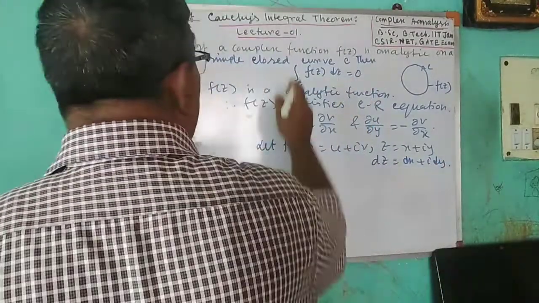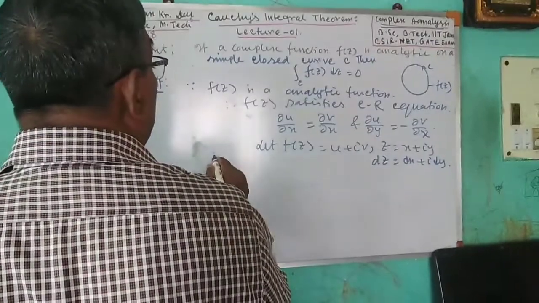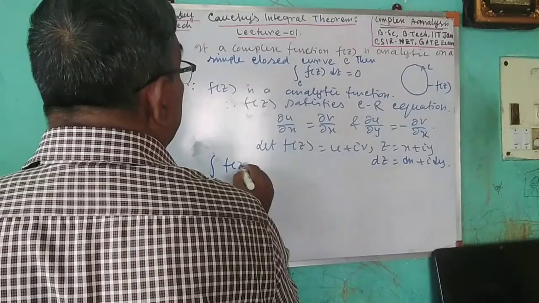Now I am writing the left hand side, which you have to prove equal to 0. That is the integral over C of f(z) dz.